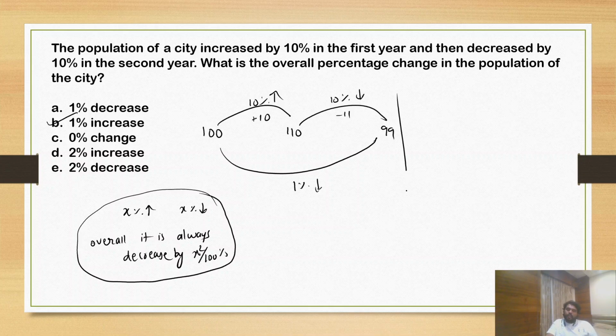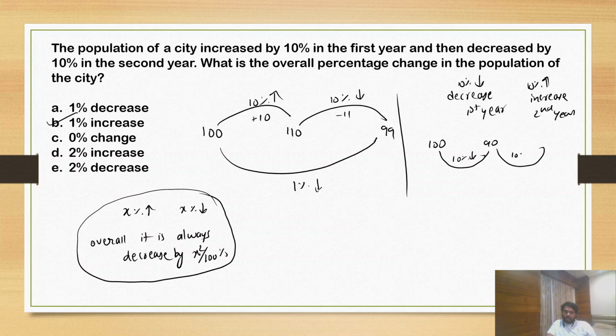Even if it is a decrease and then an increase, it is the same thing, guys. Let's say a 10% decrease in the first year and a 10% increase in the second year. You will get the same answer here, and if you want, you can check it. 100 with a 10% decrease becomes 90.